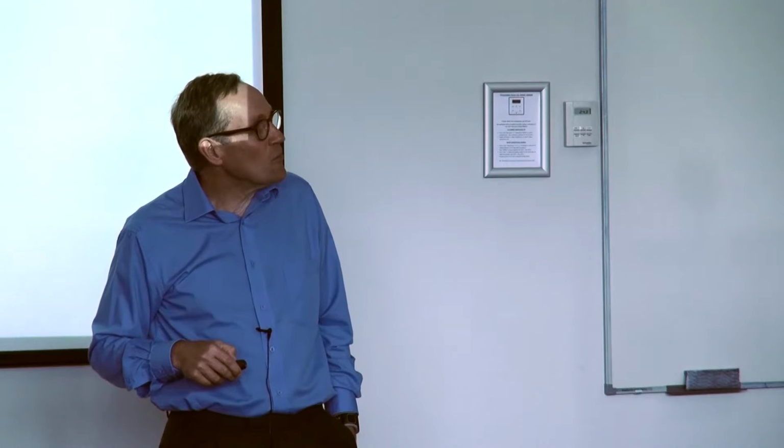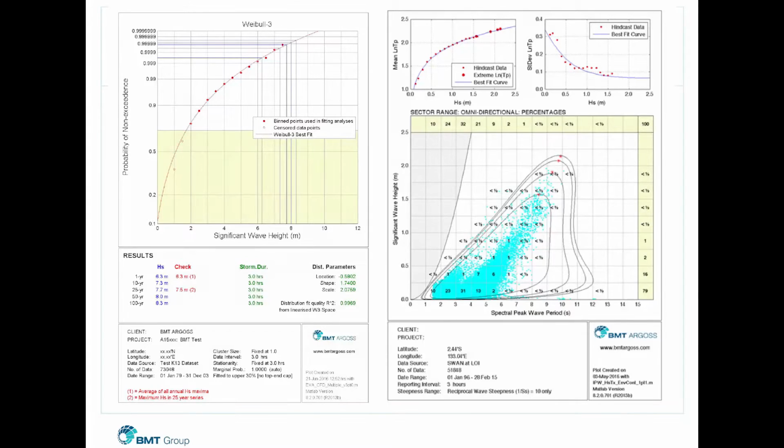So in this instance, we're extrapolating significant wave height, and so we're taking a limited population of data. We're fitting some sort of probability distribution function to it, and then we're extending beyond the scope of those observations out to our best estimate of the 100-year extreme.